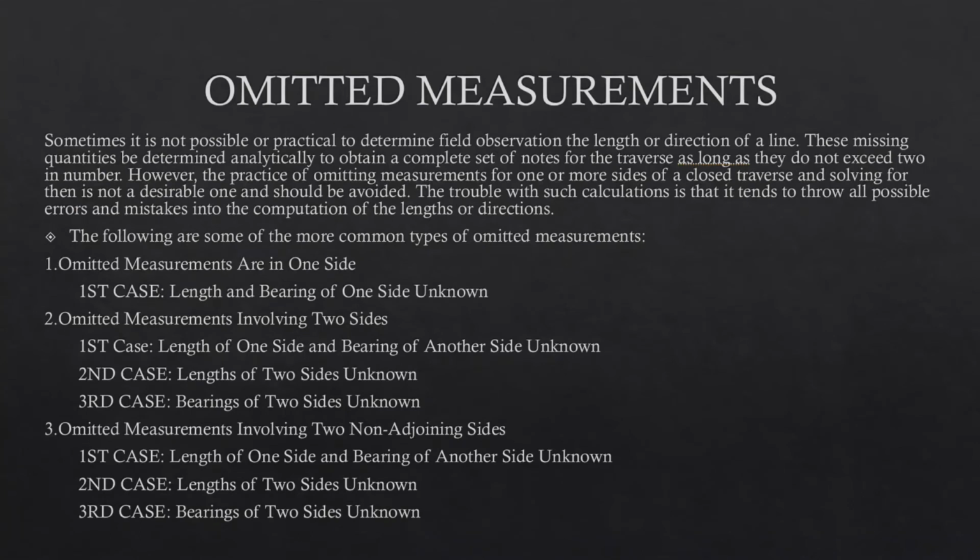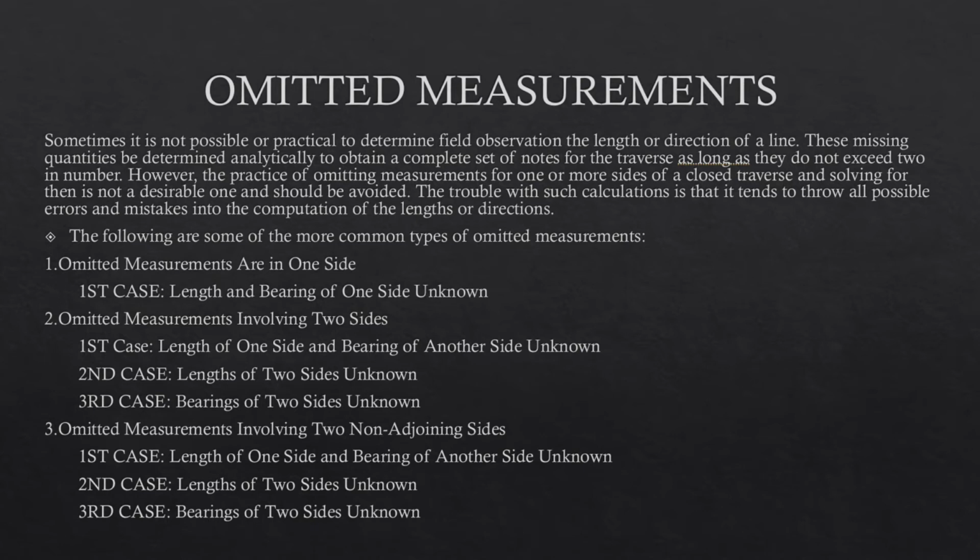Okay, so next is omitted measurements. So, kung kumukuha tayo ng mga datos, meron tayong mga missing data na makukuha or hindi natin nakuha yung isang length ng course, hindi natin nakuha yung bearing ng isang course, pwedeng mangyari yon. So, meron tayong computation kung paano natin malalaman yung unknown value.